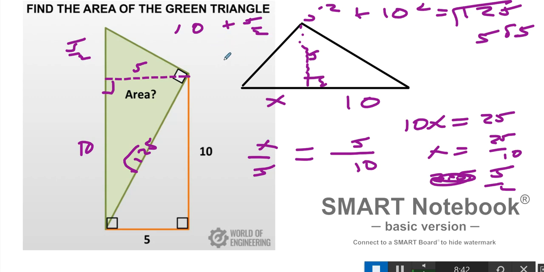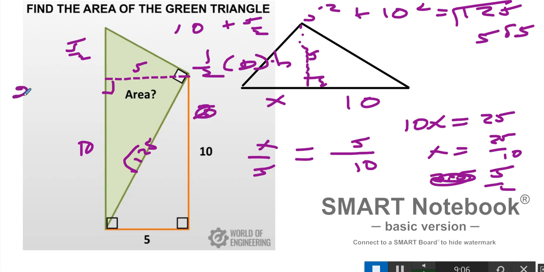So what we're going to do is go ahead and do 1/2 base times height. My base is this length right here. So it's going to be 25 over 2. And we're going to multiply by 1/2, so that's 25 over 4.